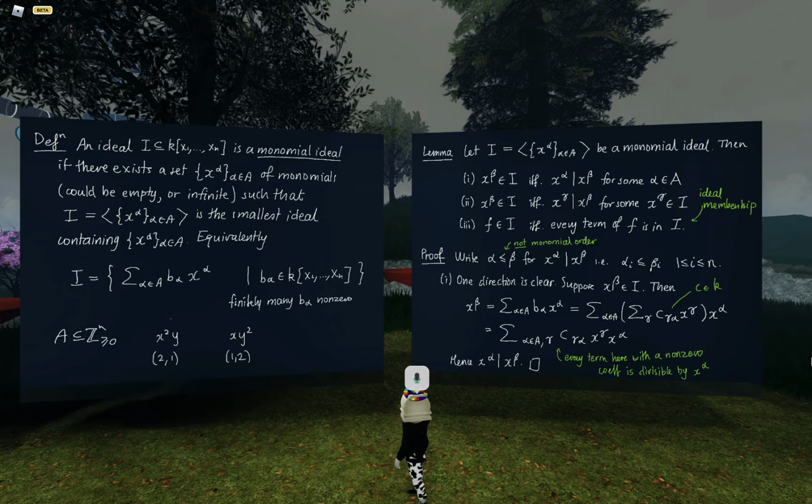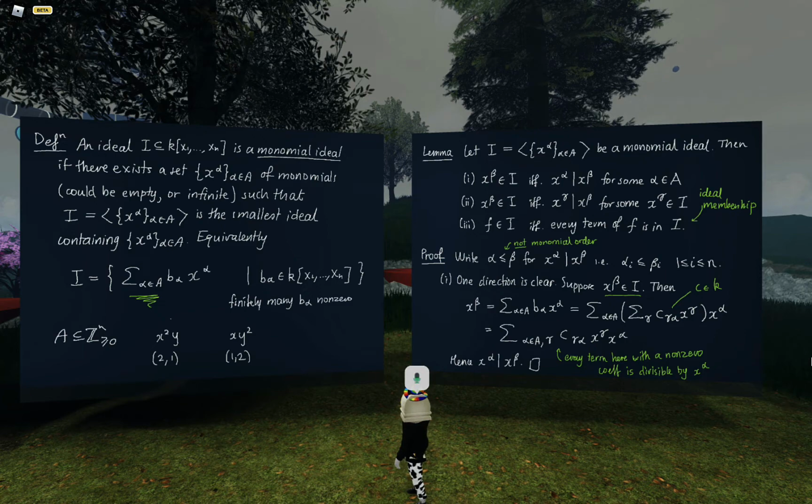Sorry, could you explain where alpha comes from? Because alpha is a bound variable. Oh yeah. So what I mean here is, suppose x^beta is in I, then by the definition, the alpha, it's sort of on the previous board, if you can see that, that's where the alpha comes from.